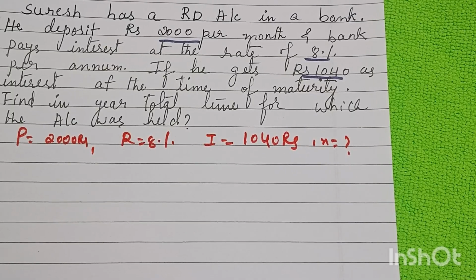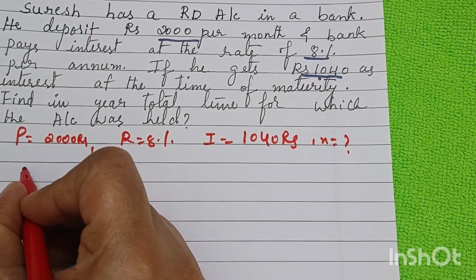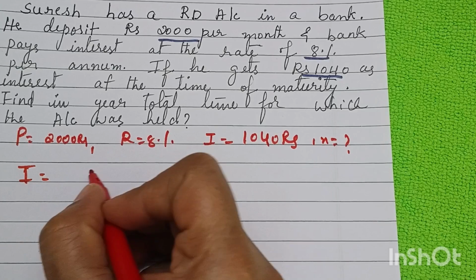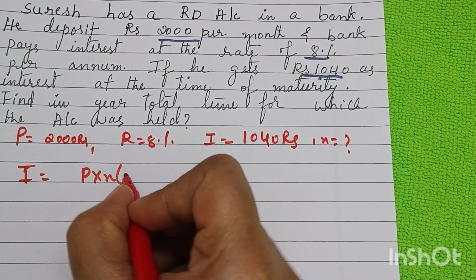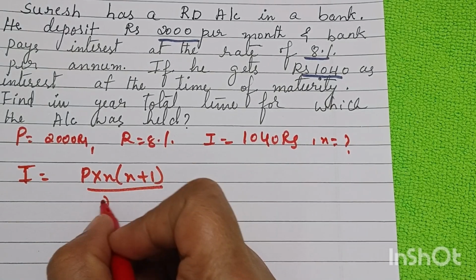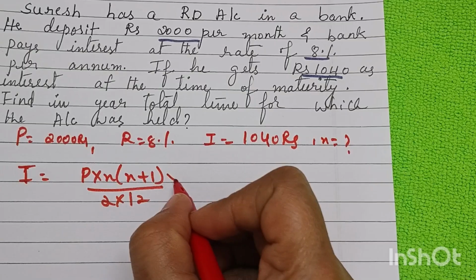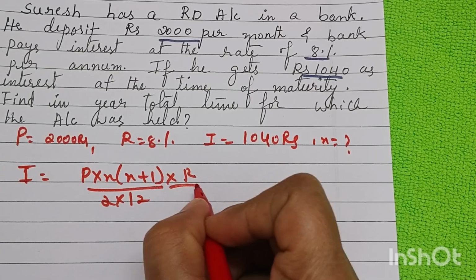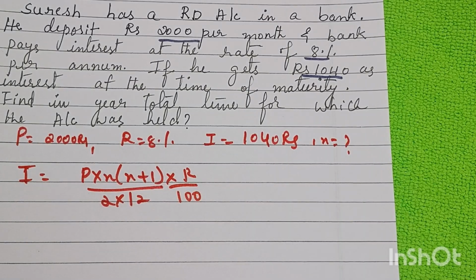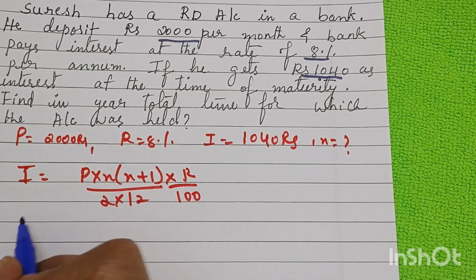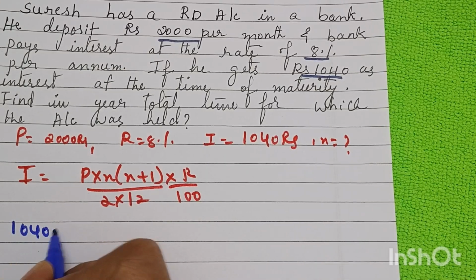With the help of the formula, we can find the principal interest: I = P into n(n+1) by 2 into 12 into r by 100. Here the interest amount given in the question is 1040.